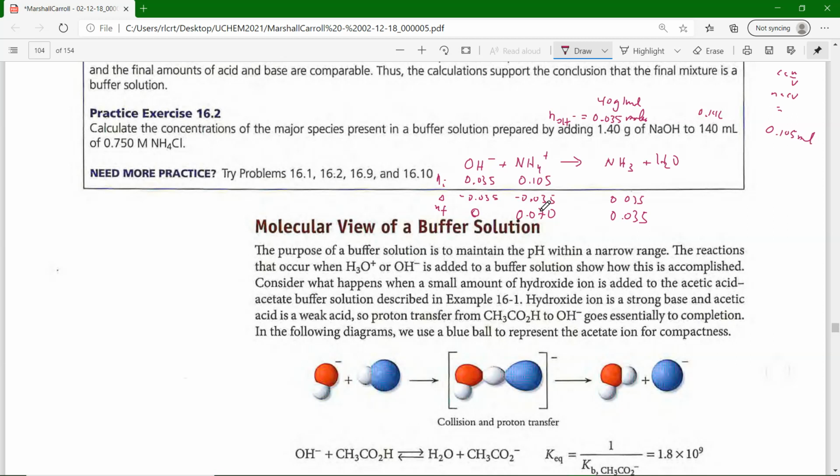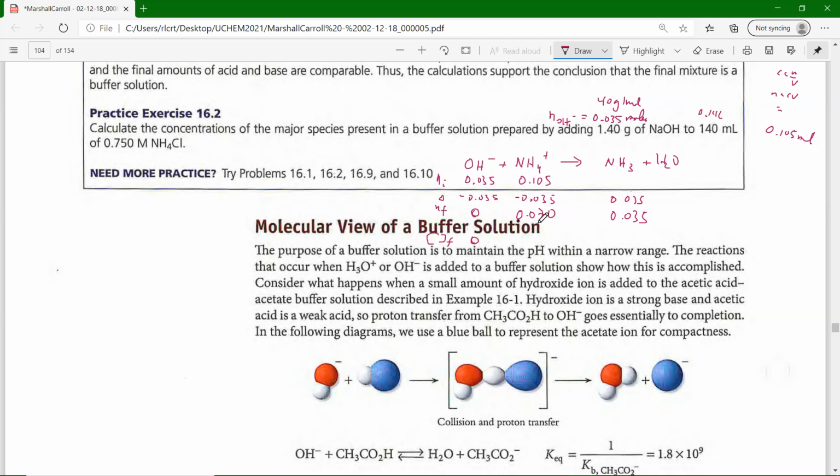Oh, so this is good. So what we're saying is, I'm assuming the volume's not going to change much by putting in the solid white pellets of sodium hydroxide, but my final concentration, it's all in 0.14 liters. So the OH minus, well, that's 0 still.